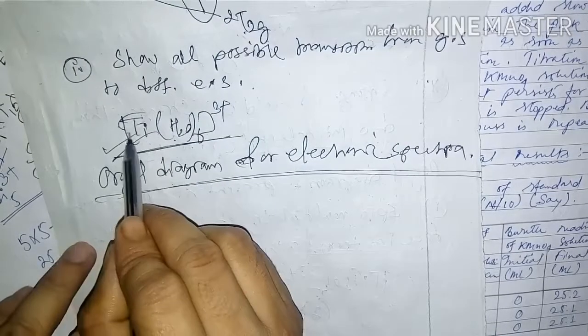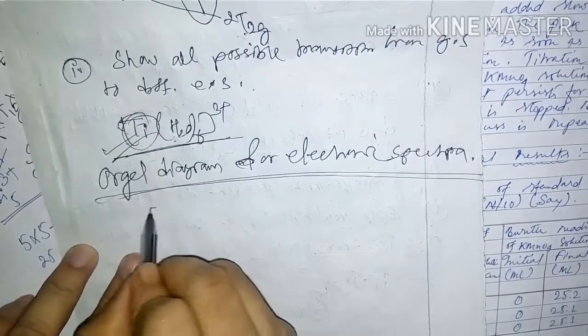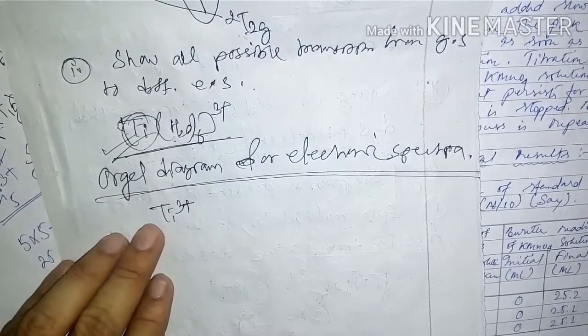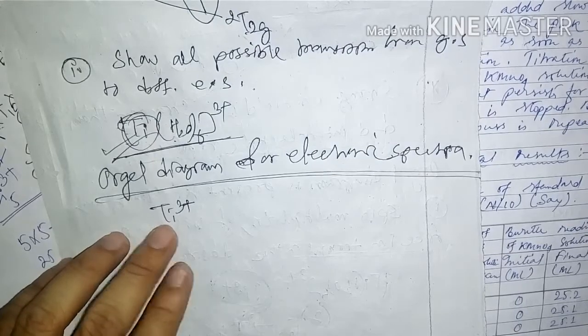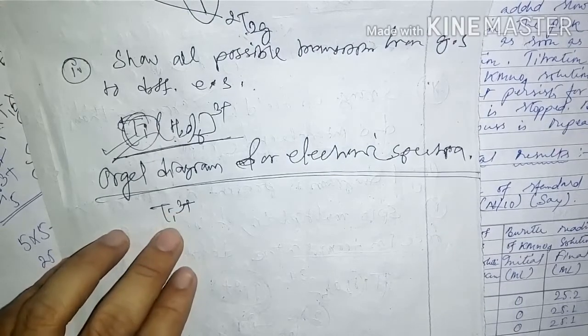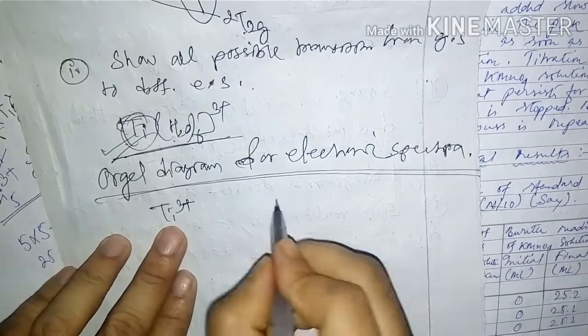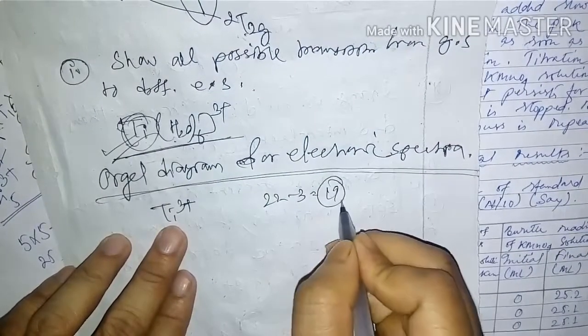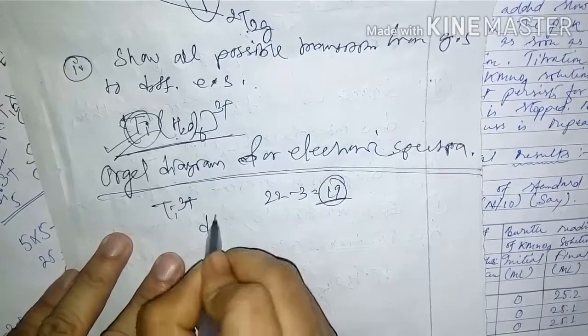This is titanium 3 plus. The atomic number of titanium is 22, so 22 minus 3 gives 19.